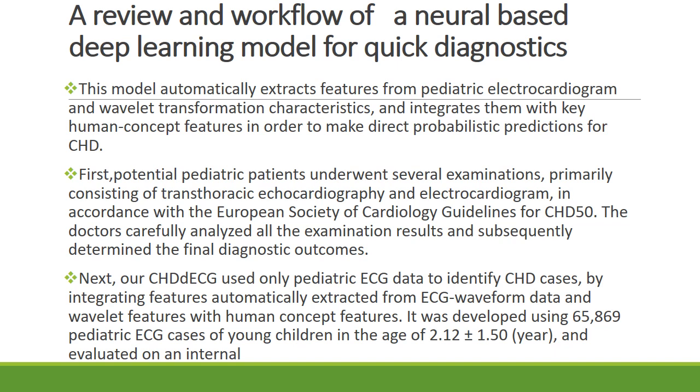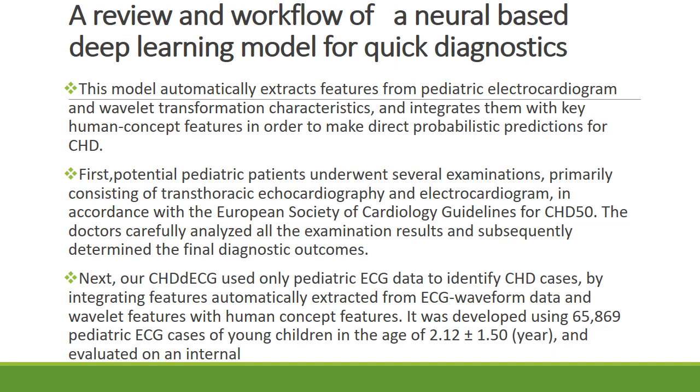First and foremost, potential pediatric patients had to undergo a severe examination consisting of echocardiography and electrocardiogram, in accordance with what the European Society recommends. So the doctors helped in analyzing the examination results.